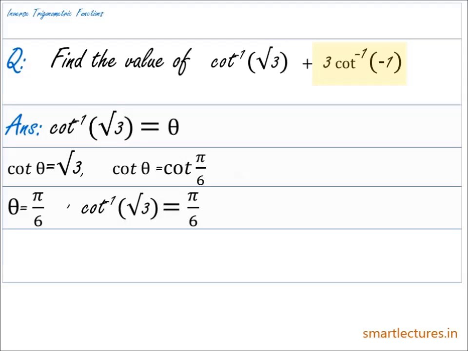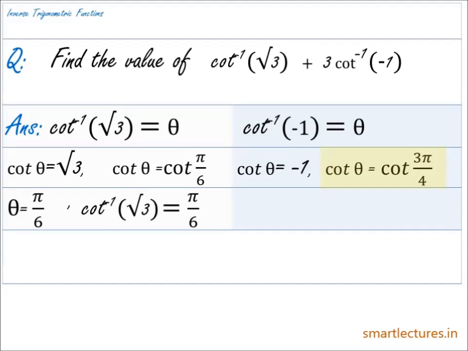Again, let cot inverse minus 1 be equal to theta, where theta is the angle cotangent of which is equal to minus 1. So we can write cot theta is equal to minus 1. And what is the angle for which cotangent is equal to minus 1? In the interval 0 to pi, that angle is 3 pi upon 4.